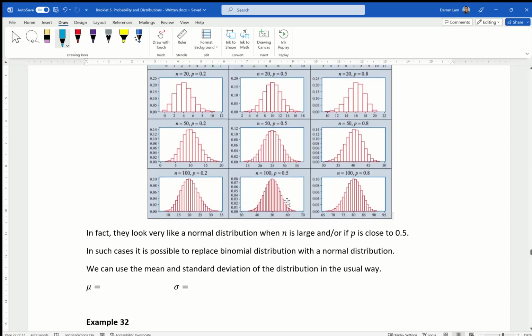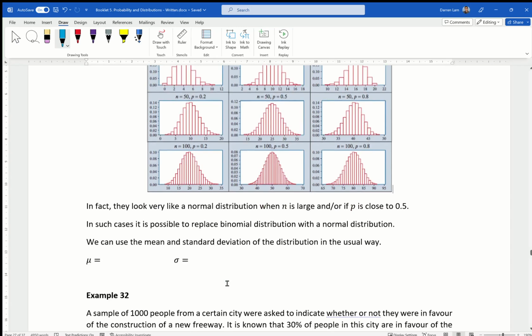Your normal distribution. Just as a side note, I'd like you to copy down this general rule of thumb.